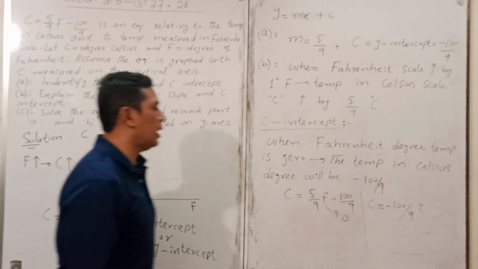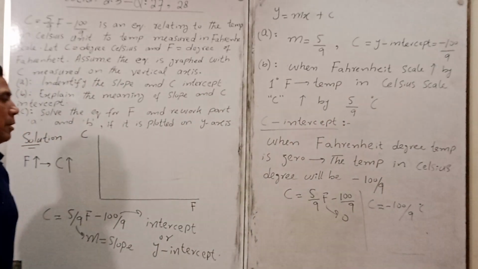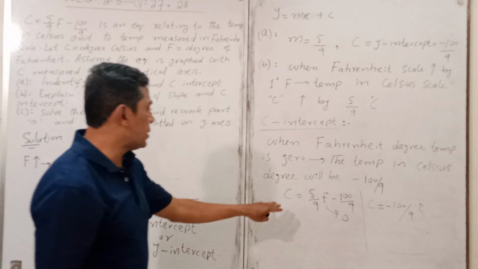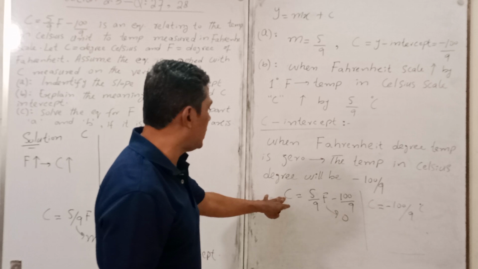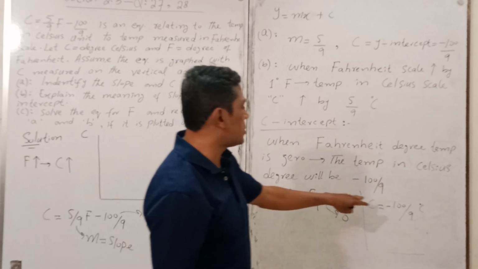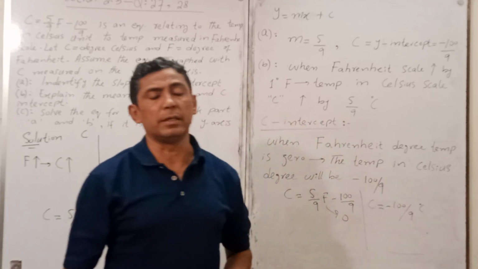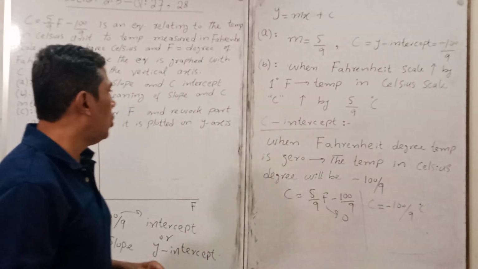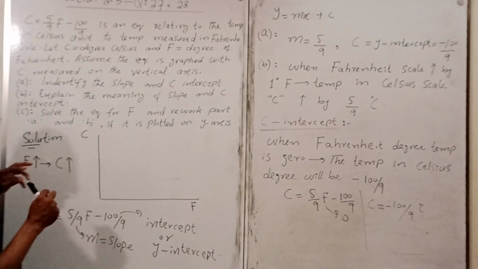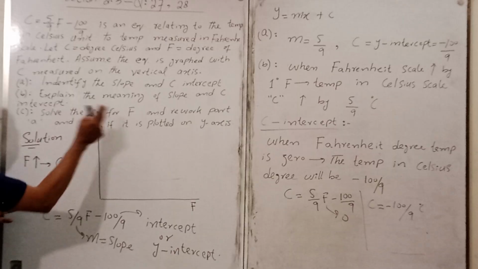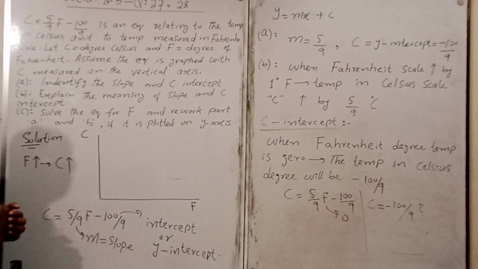What does it mean? When the Fahrenheit temperature becomes 0, the temperature in centidegree becomes negative, minus 100 over 9 centidegree. Clear? So these are two interpretations of part B here. Explain the meaning of slope and C intercept here.